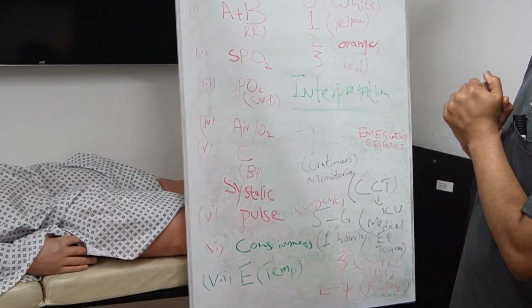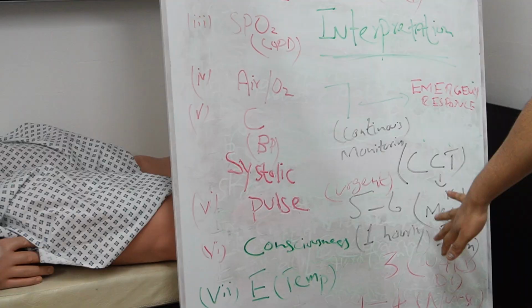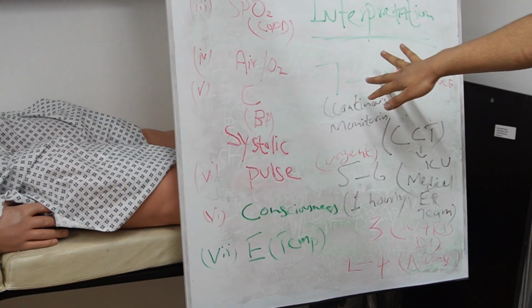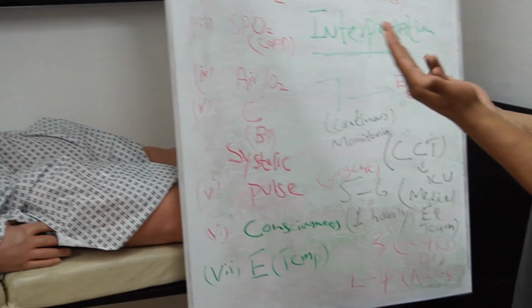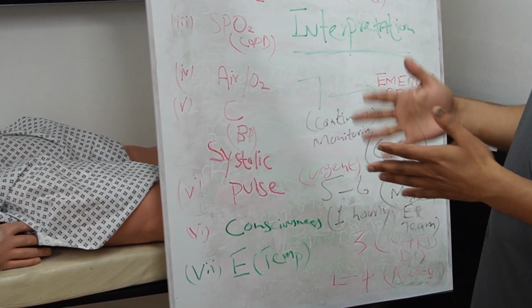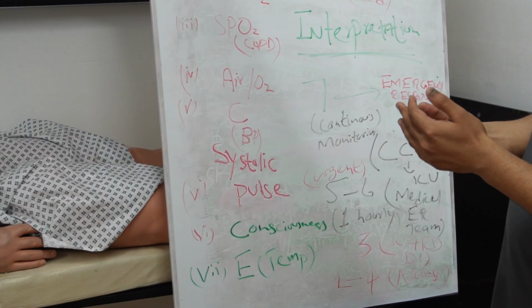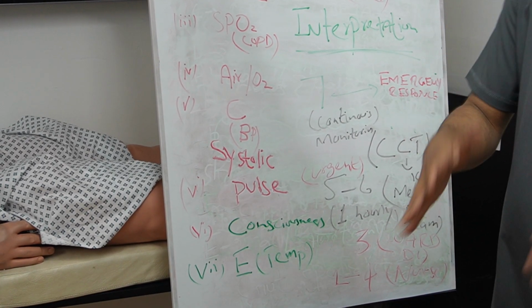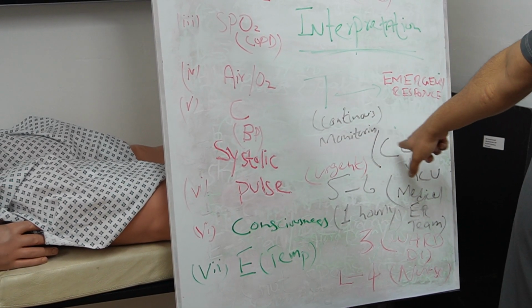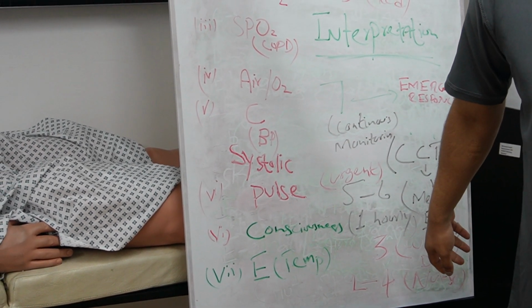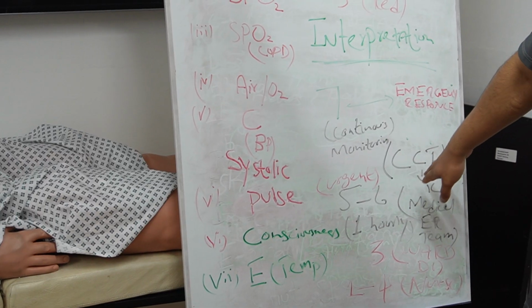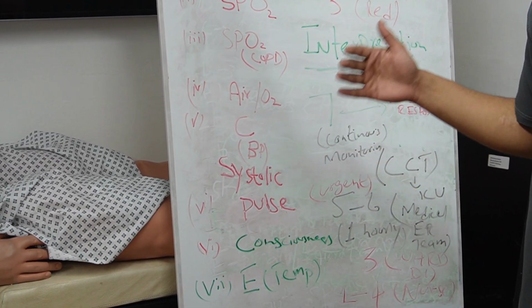Next is a score of 5 to 6. Above 7 we need an emergency response; for 5 to 6 we need an urgent response. We will say, I can see that my patient's score is 5 or 6, so I would like to call for help from the medical emergency team. More than 7, critical care team; 5 to 6, medical emergency team.